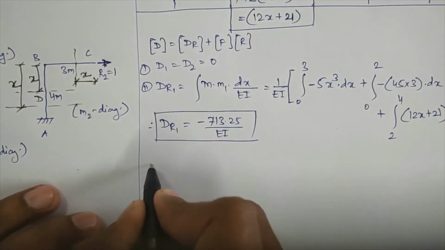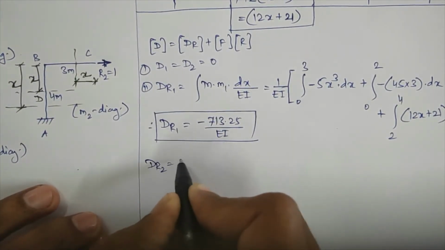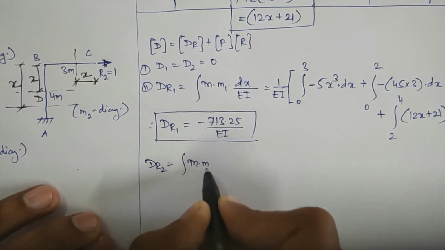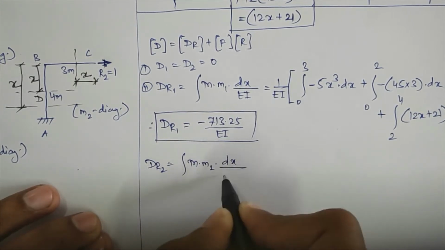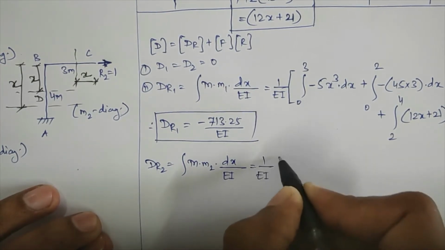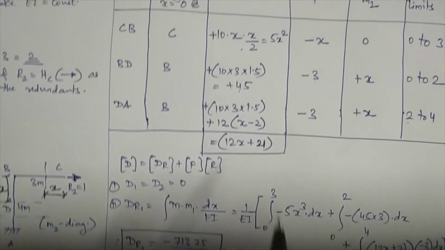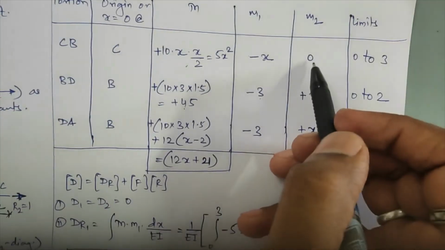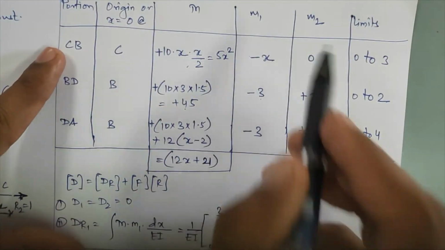Same way we will solve for Dr2, that is equal to integration of M into M2 into dx divided by EI. Again EI is constant, so I will take it outside of the integration sign. Now if you see here, you are having M2 value 0 for the first portion, so your product will come 0.